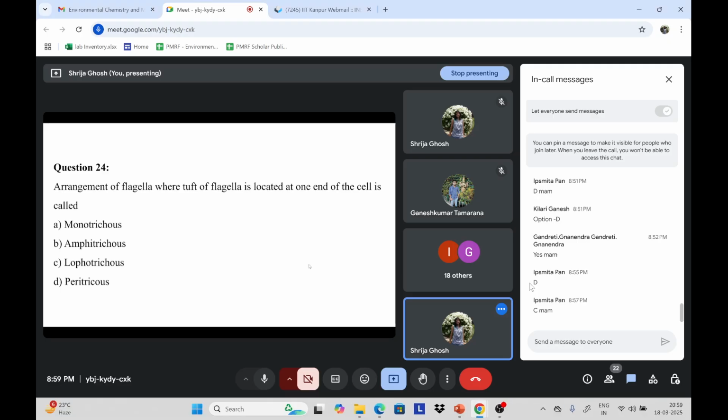Okay, coming to the next question. Arrangement of flagella where a tuft of flagella is located at one end of the cell is called: option A, monotrichous. Option B, amphitrichous. Option C, lophotrichous.